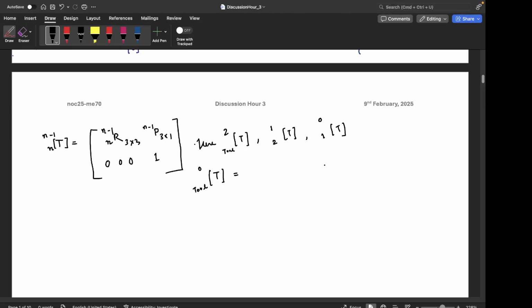So that is calculated as: we have this, then multiply with this, and then multiply it with this.